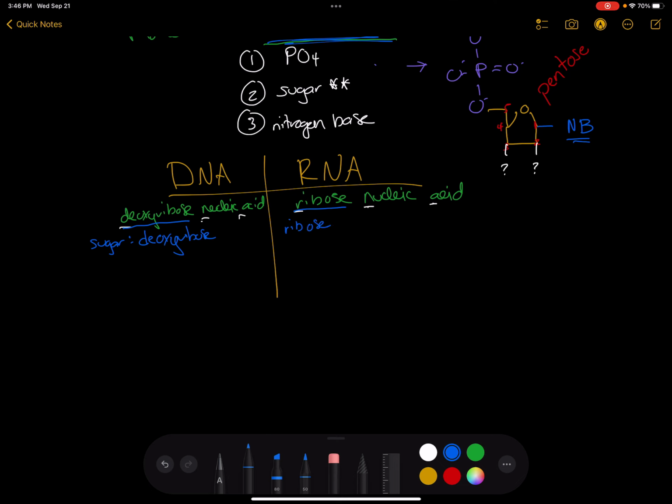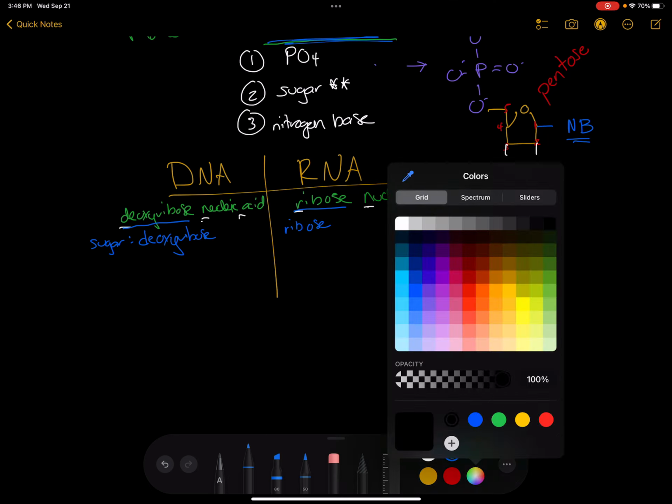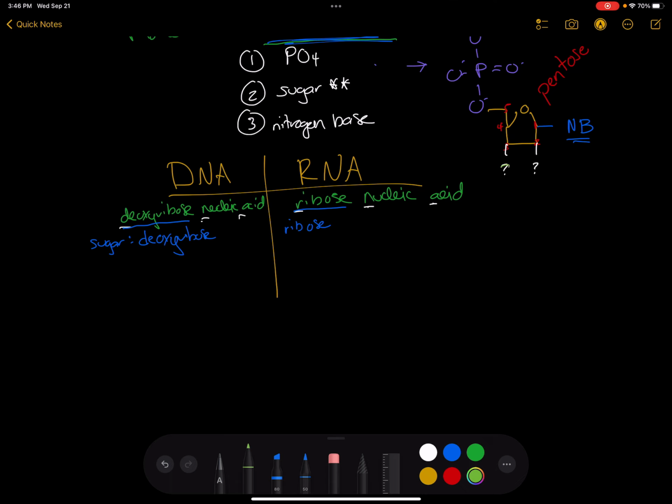And what that looks like, how that's different, is right here when we looked up at this sugar molecule and we put these 2 question marks. If this is a ribose sugar, these question marks aren't question marks anymore, but your question marks get to be a hydroxyl group because then that's just what ribose looks like.